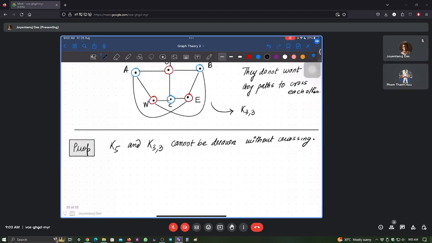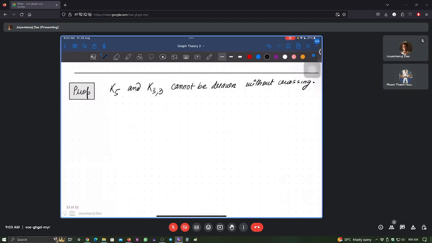So let us see. We consider a drawing of K5 or K3,3 in a plane, and let C be a spanning cycle. We can choose any spanning cycle.